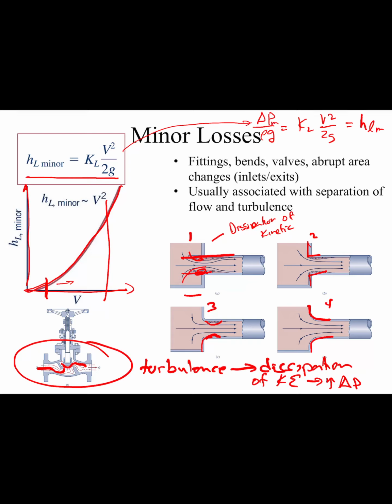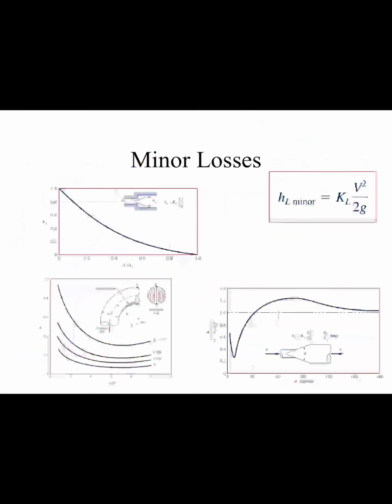Multiplying both sides by gravity and then by density, the minor pressure drop in pascals is rho times our loss coefficient times V squared over 2.